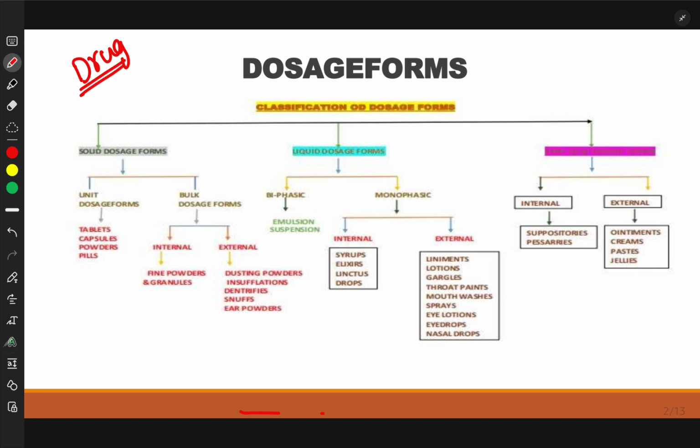In olden days, medical practitioners directly took extracts from plants and treated the diseases that occurred. But in modern days, we extract the raw drug from those plants or whatever the source may be.